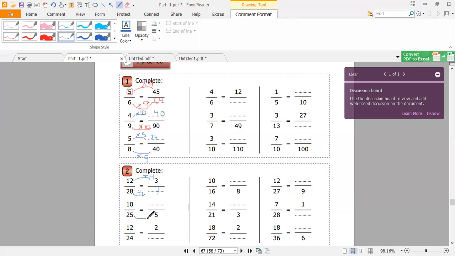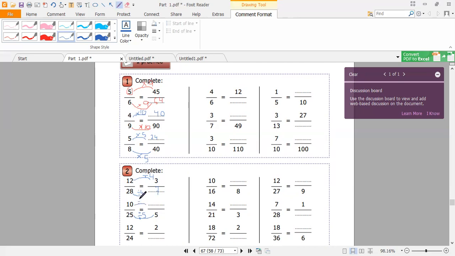So 25 becomes smaller. So smaller, we divide. Now we look at 5. You have to remember, 5 times what equals 25? 5 times 5. So 25 divided by 5 is 5. Also here I'm going to divide by 5.